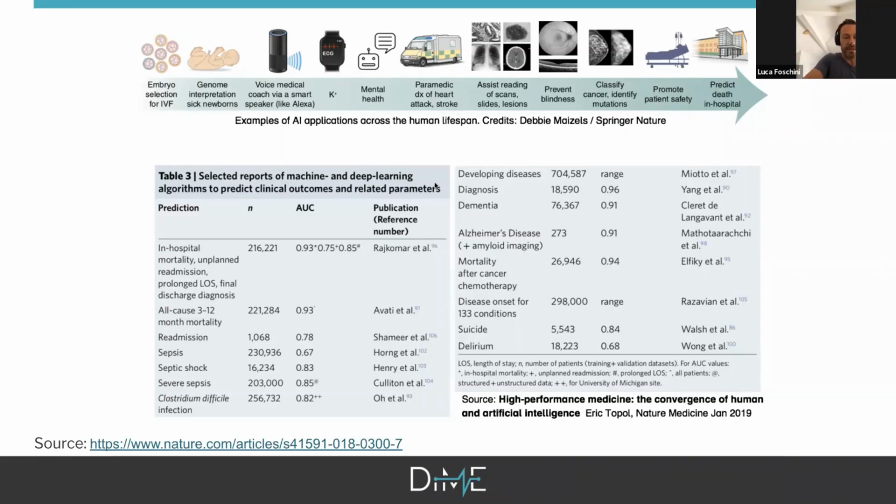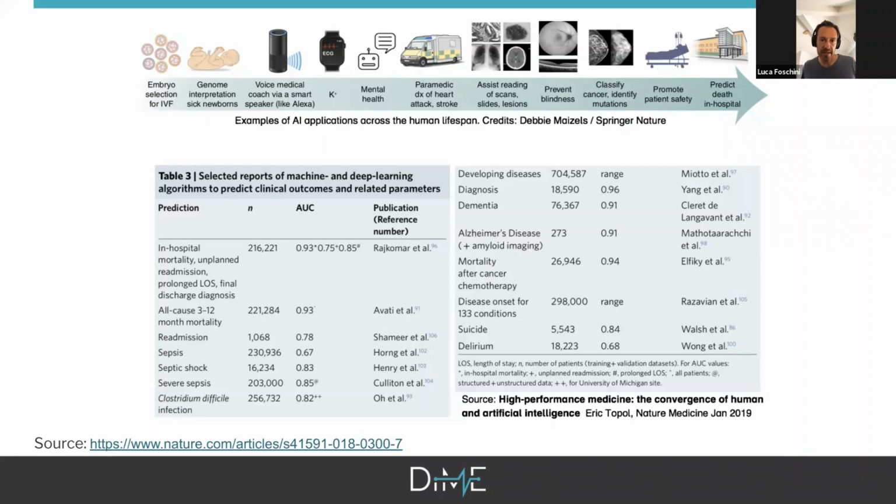It really lists applications of machine learning across many domains. As you can see, there is cardiology, there is prediction of mortality outcomes, and the top side of the slide, I think, is a nice infographic to understand how machine learning really spans the human life, from embryo to later in life.